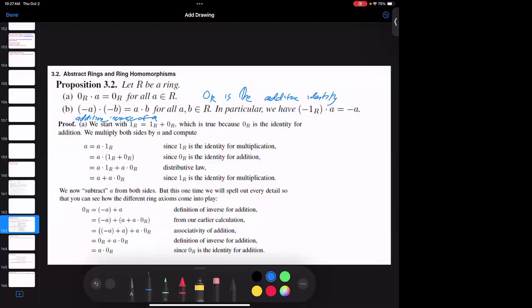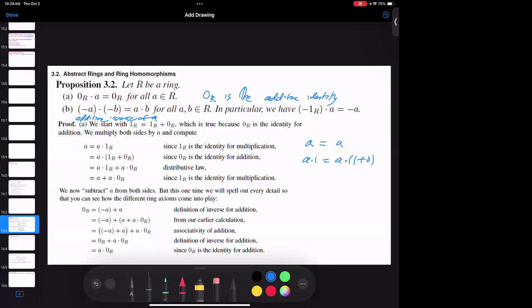We know we have the identity elements 1 and 0. So 1 is equal to 1 plus 0. So I now take A and I multiply it by 1. But that's the same as multiplying it by 1 plus 0. So another way of looking at it is, we start off with A equals A, and on one side we multiplied by 1, and on the other side we multiplied by 1 plus 0. We're doing the same thing to both sides.